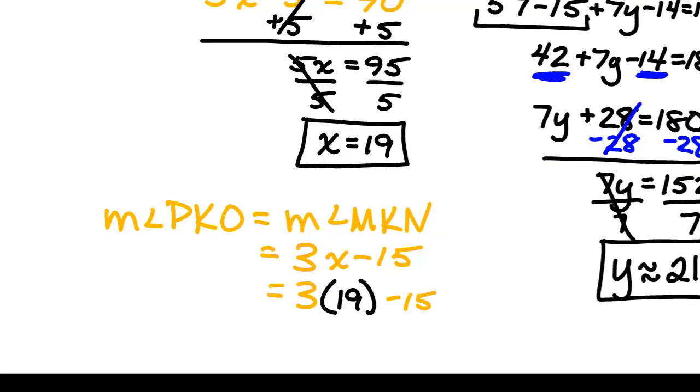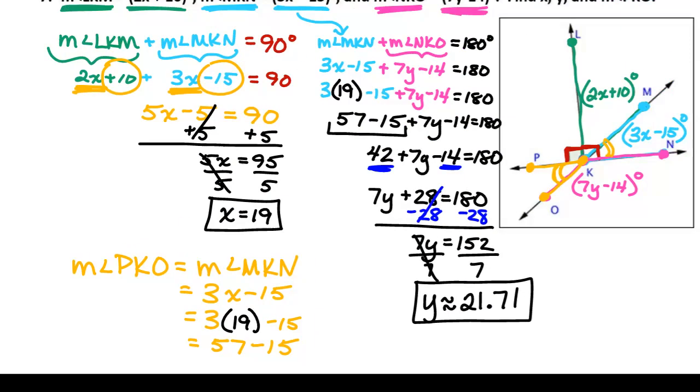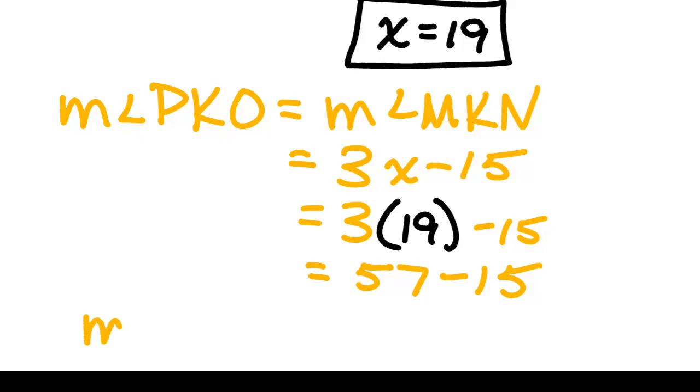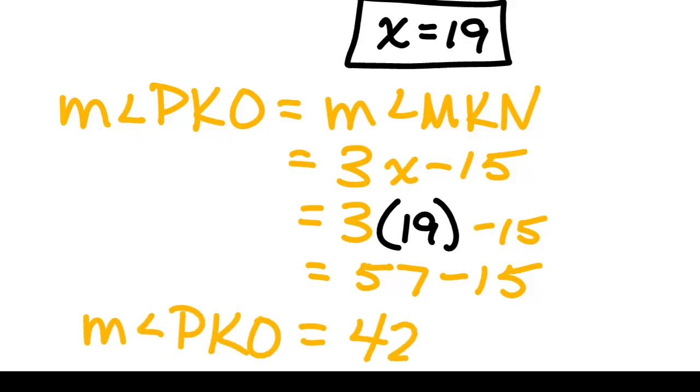What is 3 times 19? 57. And 57 minus 15 would give me what? 42. So the measurement of angle PKO is 42 degrees.